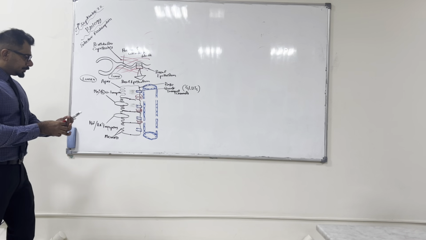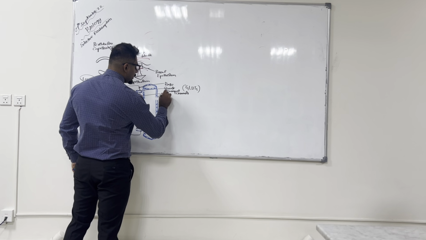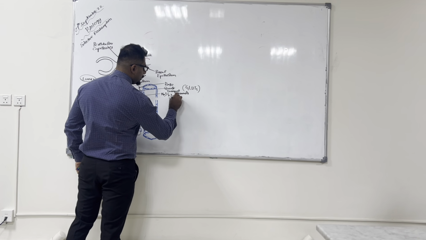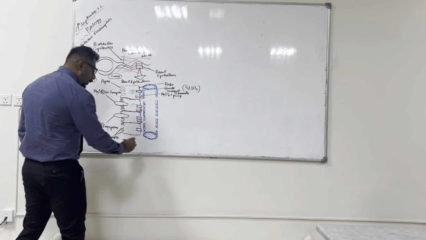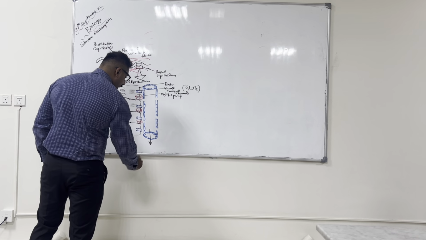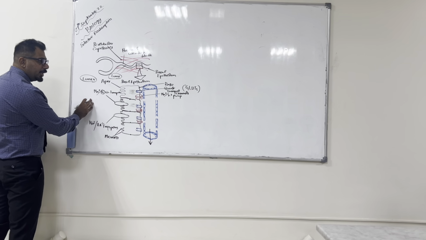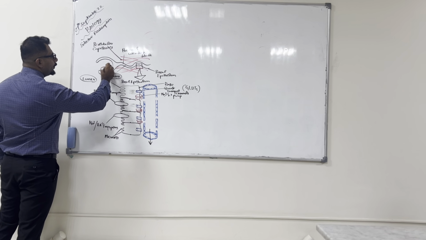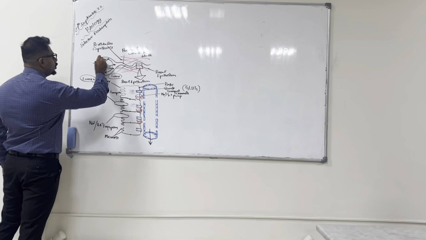So what is this? This over here is the sodium-potassium pump, right? Now what is happening, that blood is flowing in this direction, right? Over here in the lumen, after the filtrate is formed, we are not going into that detail, we have discussed it 2 times already.